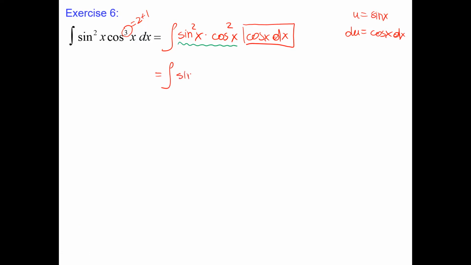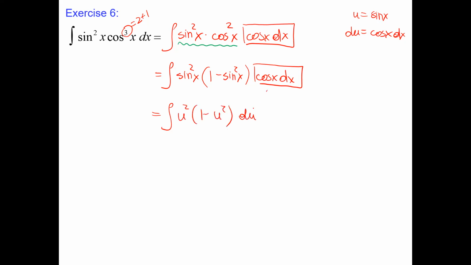It means sine square will stay, and we like even, Pythagorean identity: cosine square is 1 minus sine square of x. Done. Let's apply the substitution. u is sine of x, u squared, 1 minus u squared, and this is du.